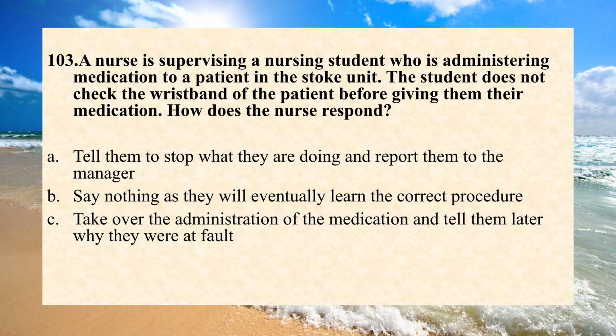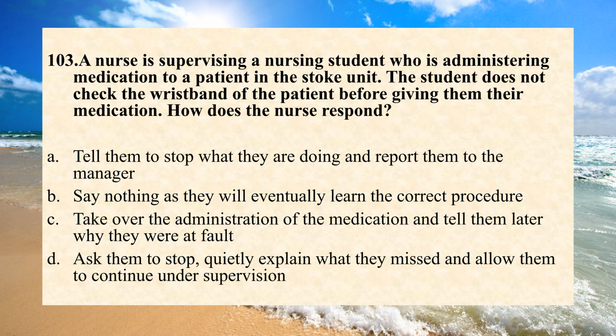Option C. Take over the administration of medication and tell them later why they were at fault. Option D. Ask them to stop, quietly explain what they missed and allow them to continue under supervision. Answer is D. Ask them to stop, quietly explain what they missed and allow them to continue under supervision.